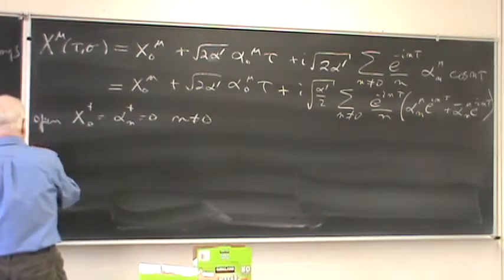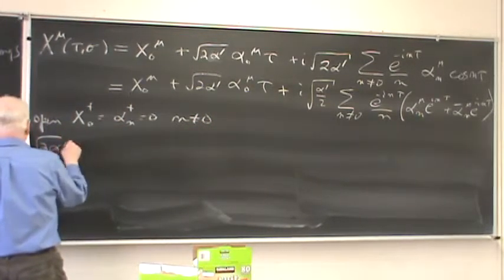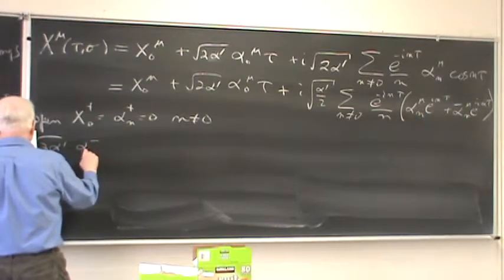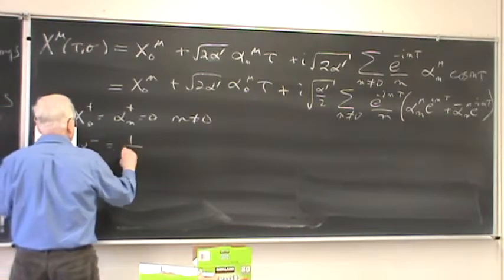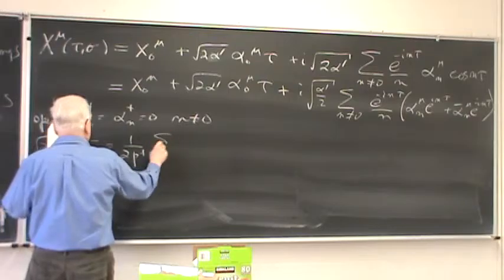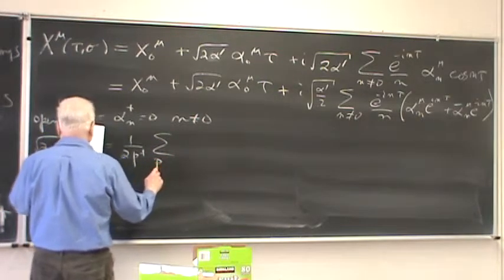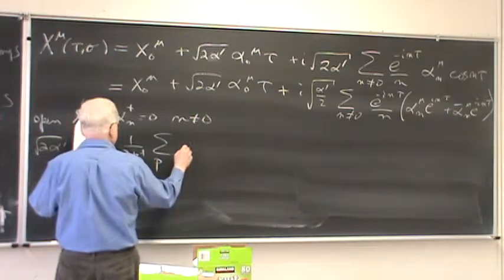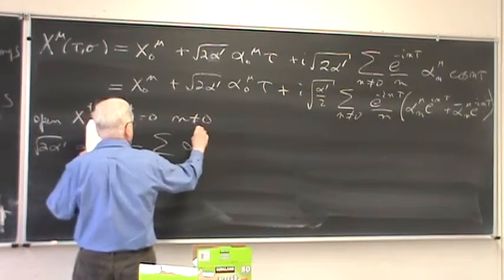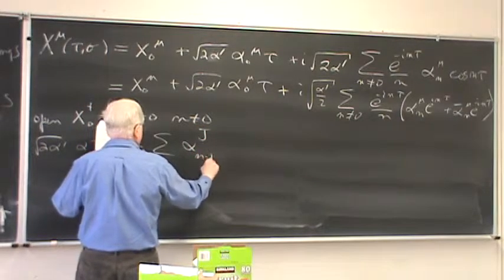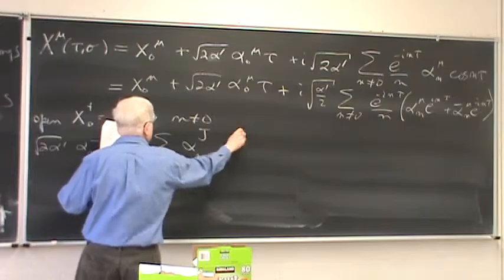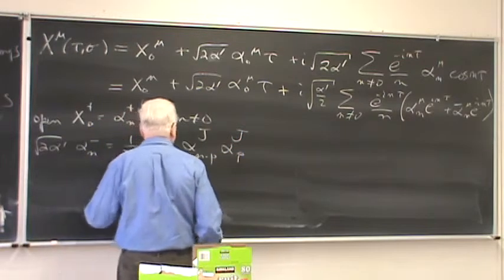And moreover, square root of 2 alpha prime alpha minus n is 1 over 2 p plus, and then a sum on all p, p's are integers here, alpha j n minus p alpha j p.